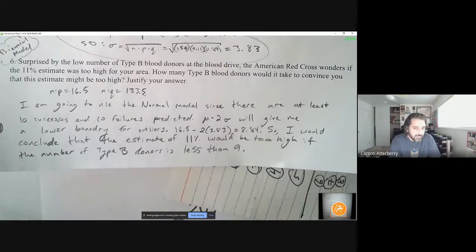Because according to my calculations, if you got less than 9, then yes, I would agree with you, because 8 is pretty far away from 16 according to our model. Anything between about 9 and about 22 is what you would expect.